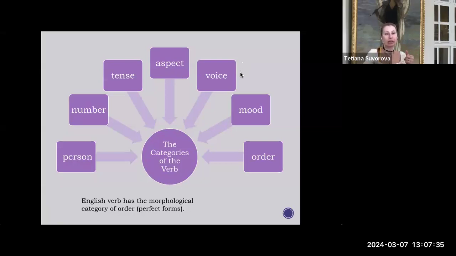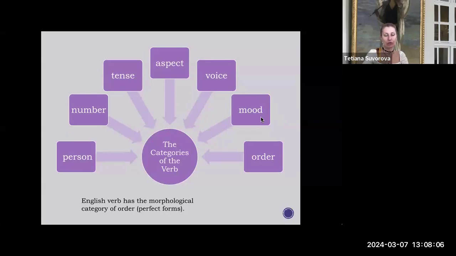For example, in Ukrainian, митися, so the action is directed to the person itself, to the subject itself. Then we can also speak about the category of mood, whether it is the indicative mood or the subjunctive mood, whether we express real action or desired action or even unreal action.